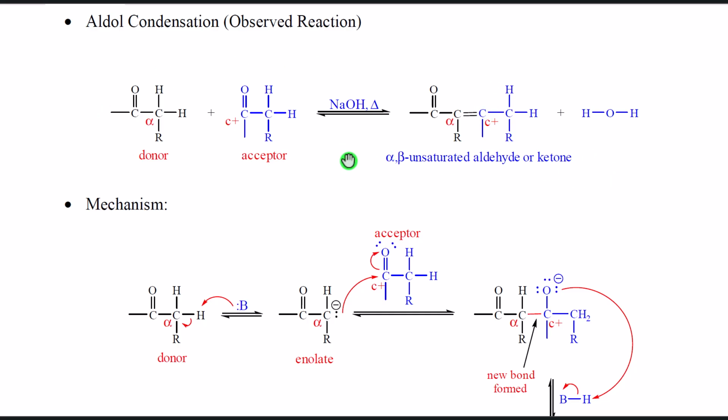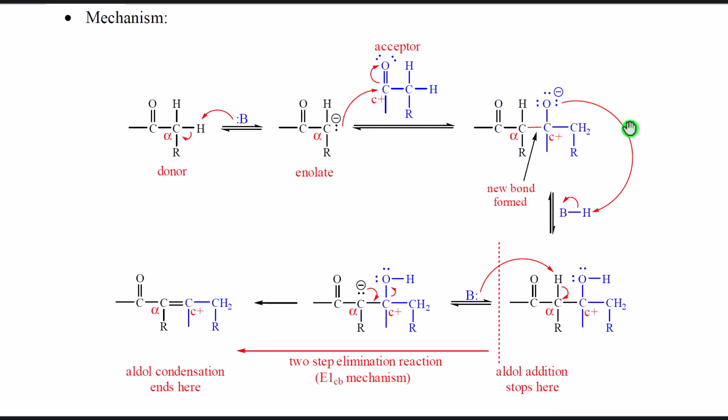In a condensation reaction, the reactants come together to form a product, but the formula of the product has a small molecule removed. So in this case, the small molecule is water, which is a very common small molecule to have removed. We're now going to look at the mechanism of both the aldol addition and the aldol condensation.